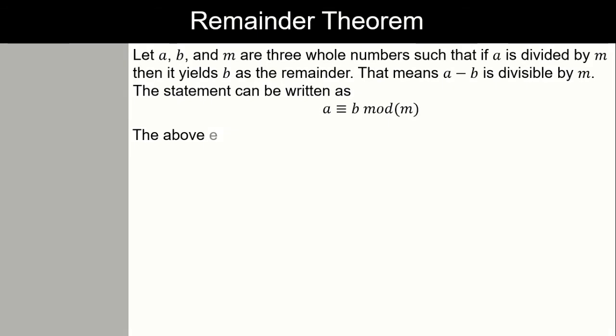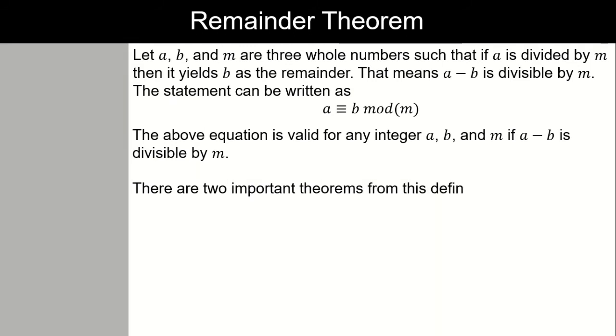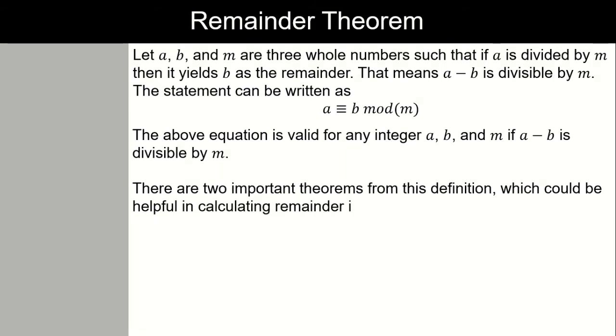The above stated equation is valid for all integers a, b and m if a minus b is divisible by m. In mathematics, there are two important theorems from the above definition which could be helpful in determining remainder in various problems.